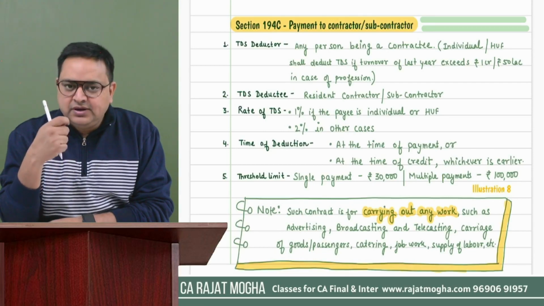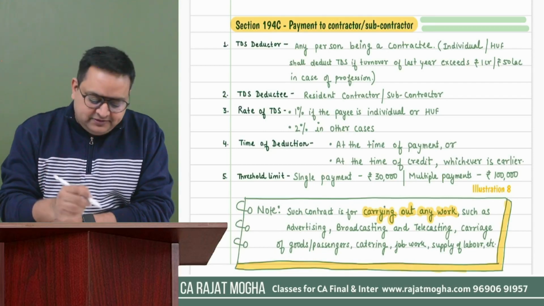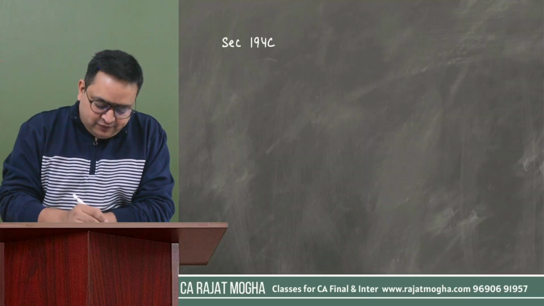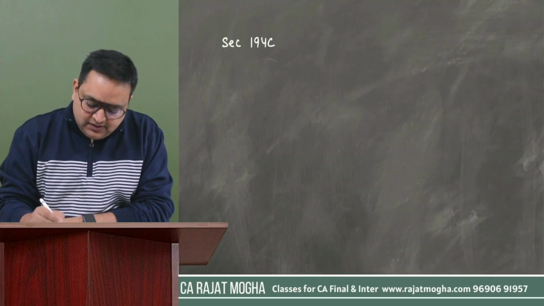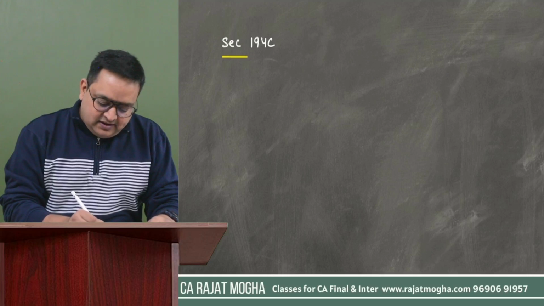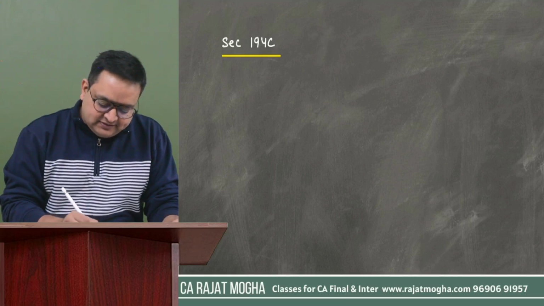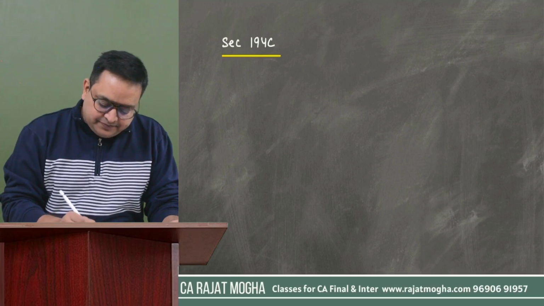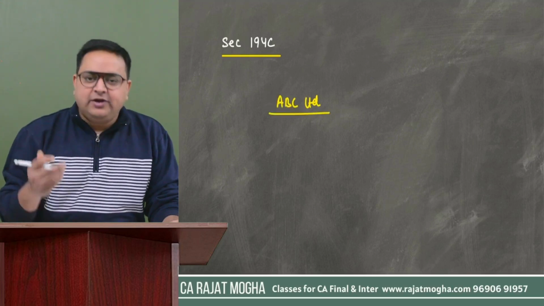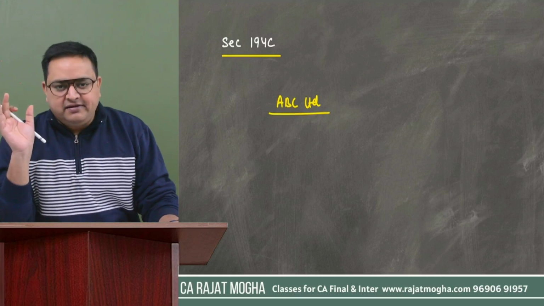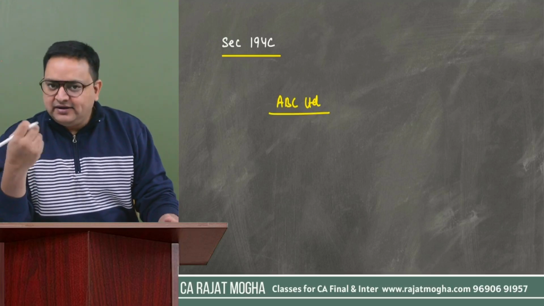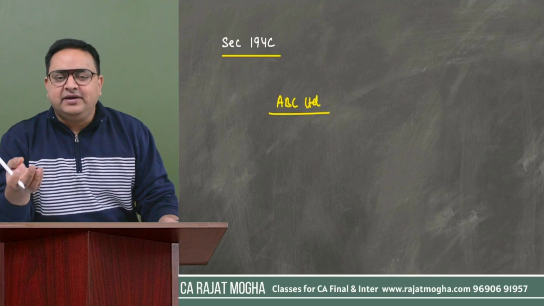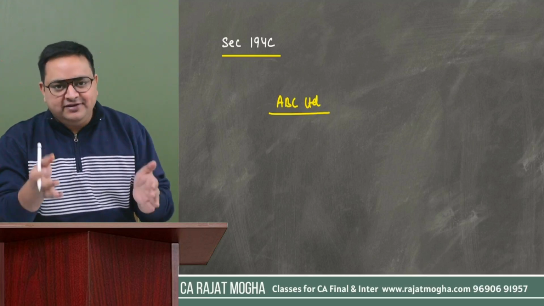Let's say if you give any contract to any person. Let's say it's a company, ABC Limited. They would like to get their advertisement done, right? There could be any type of contract. Let me take the example of advertisement. ABC Limited wants to get their advertisement done.